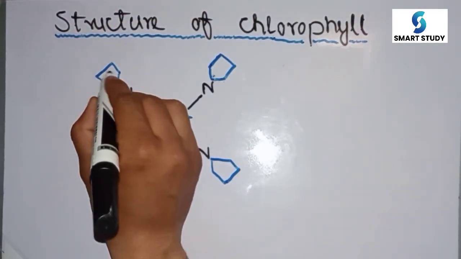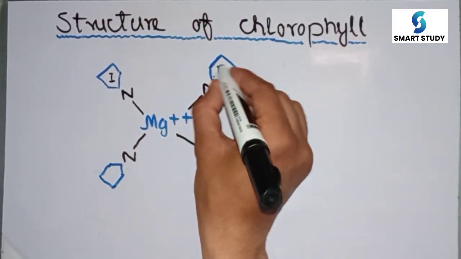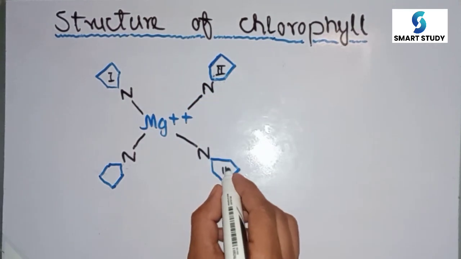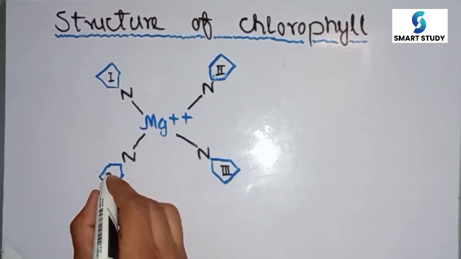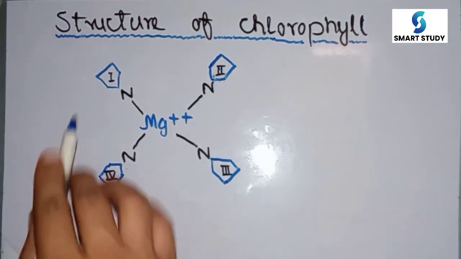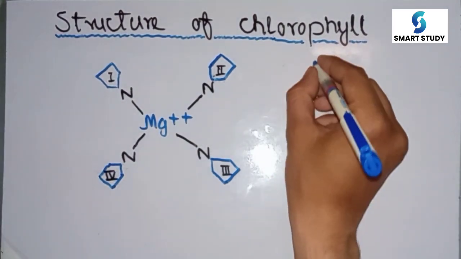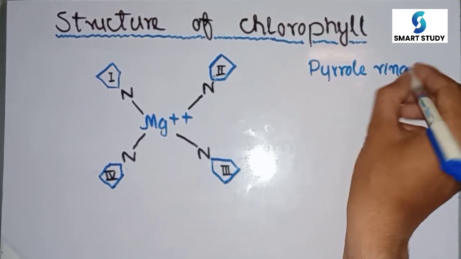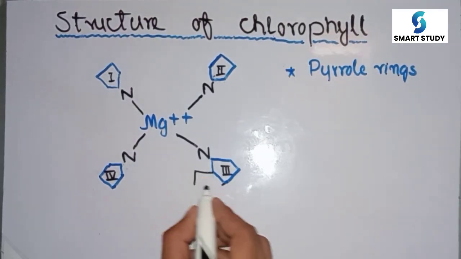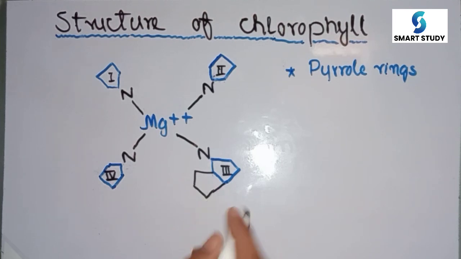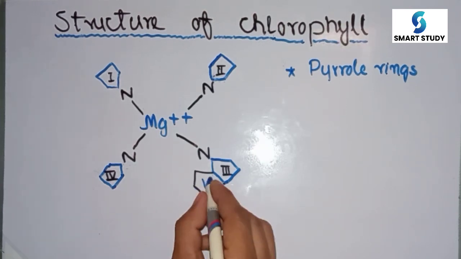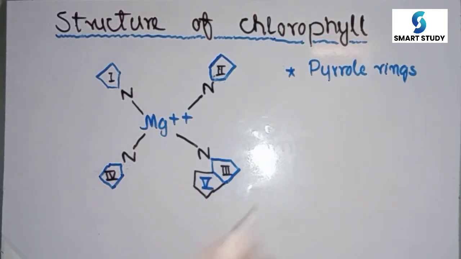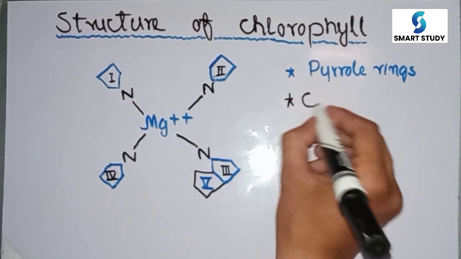This is the first ring, second ring, third ring, and this is the fourth ring. These 4 rings are known as pyrrole rings. It also contains the 5th ring here, which is known as the cyclopentanone ring.